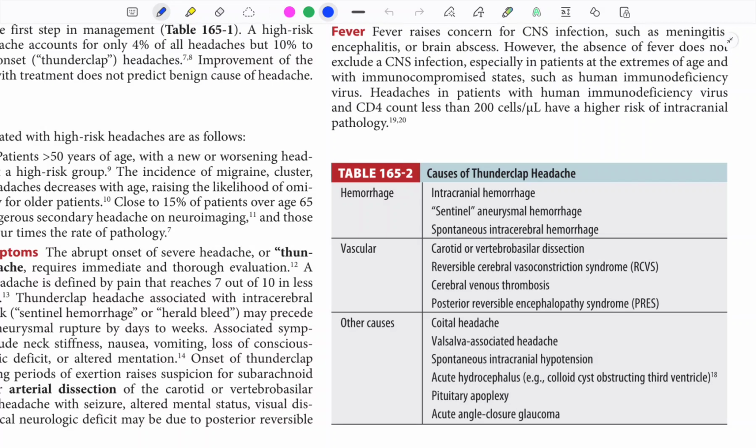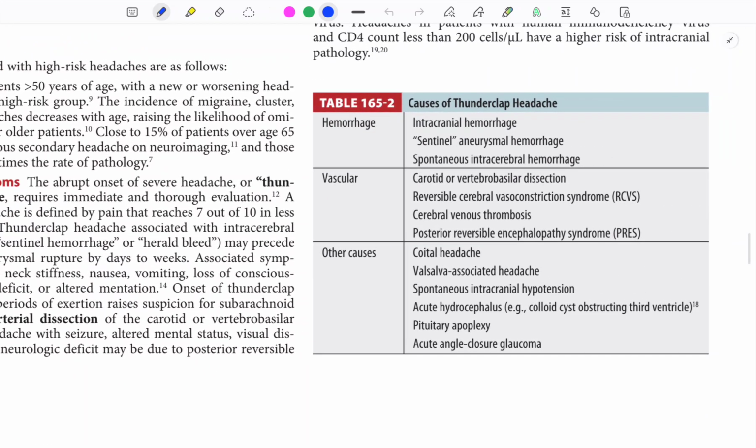So hemorrhagic causes are your SAH, sentinel bleed, and ICH. Then there are vascular causes which are your venous thrombosis, venous ischemia, dissection, and PRES, posterior reversible encephalopathy syndrome.